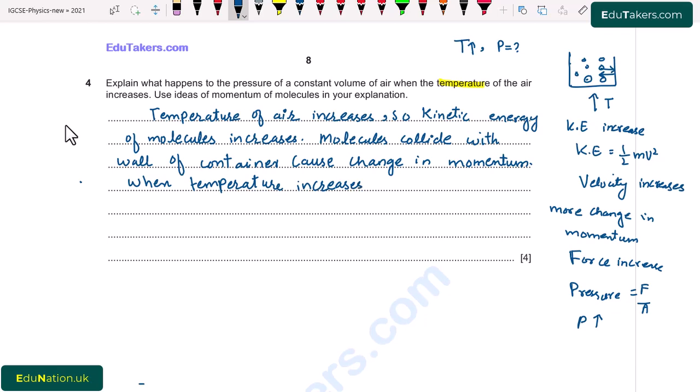Change in momentum also increases. And force increases, hence pressure will be high.